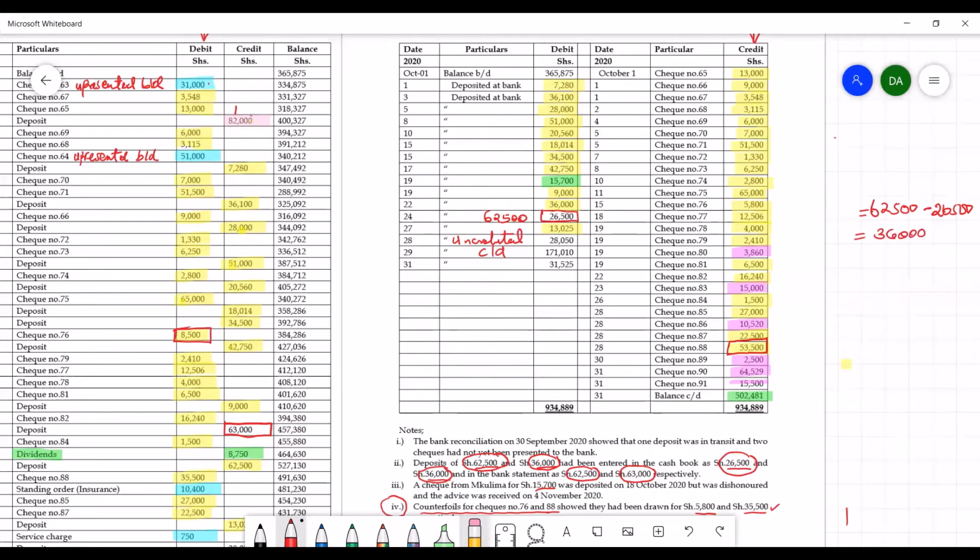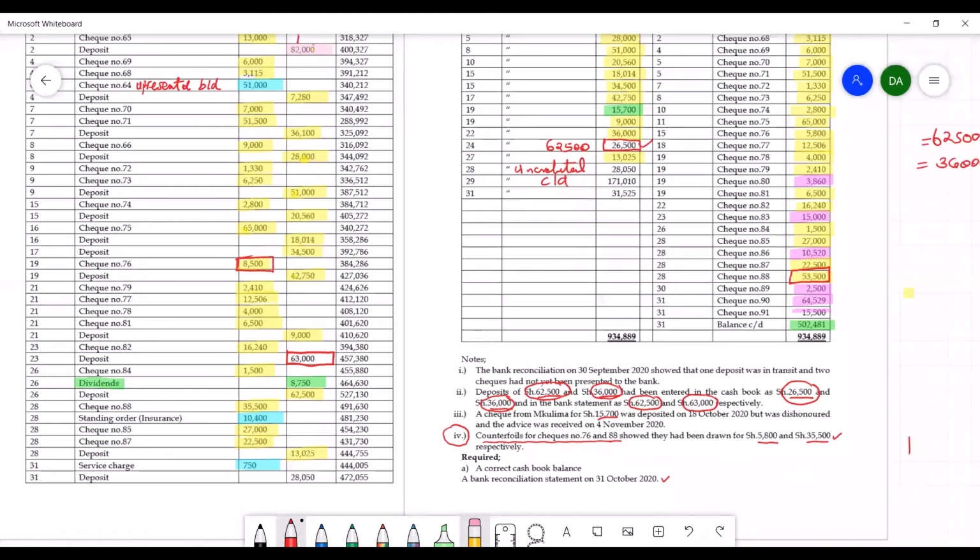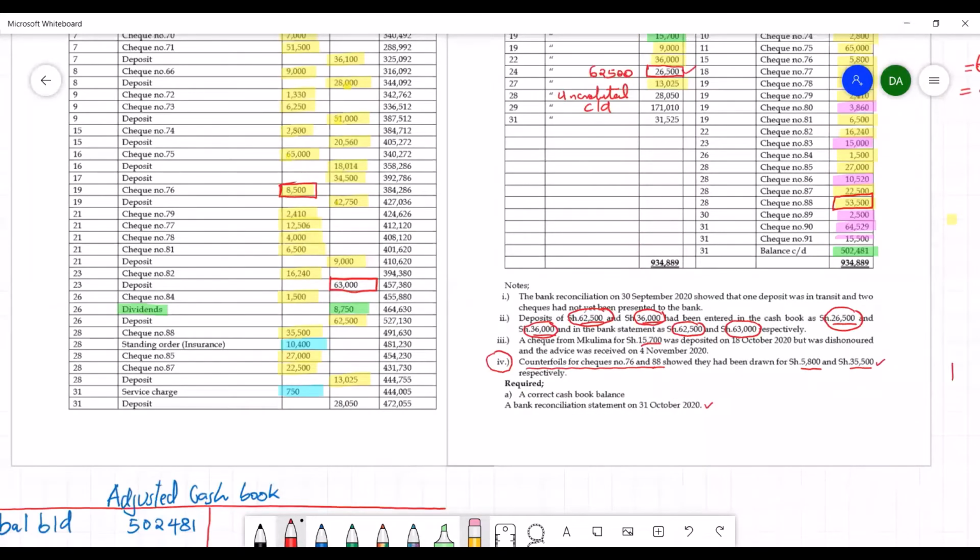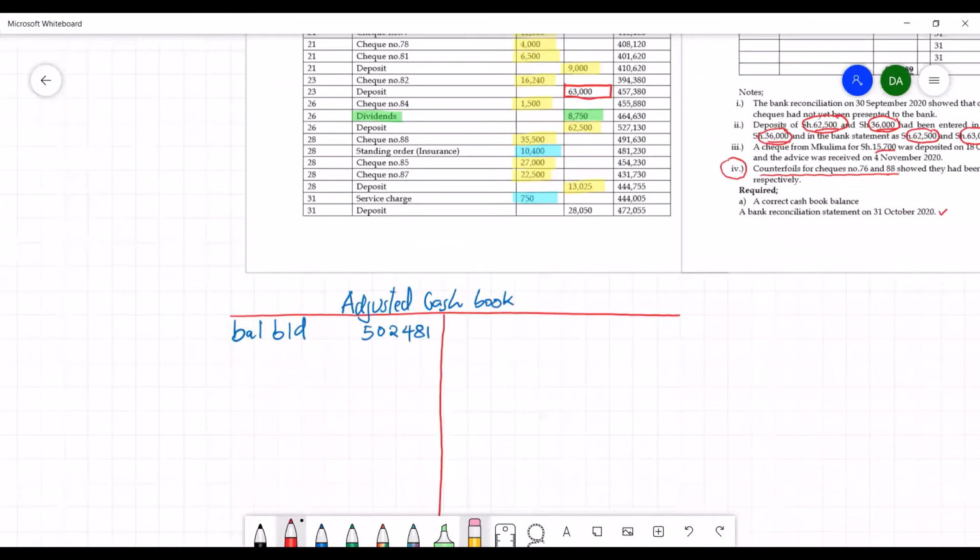This is an understatement on the debit side of the cash book, so we need to increase that side by 36,000. So the understatement in the cash book on the debit side is 36,000.